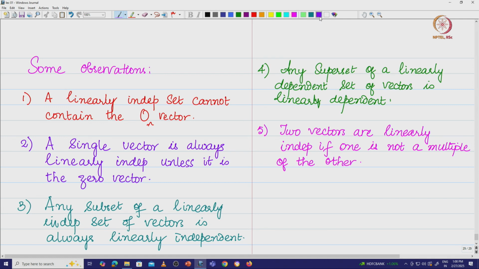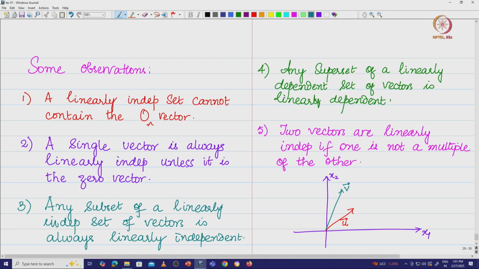Geometrically this is very interesting to see. Suppose I take R2, the xy plane, with my x1 axis and my x2 axis. Suppose I have this vector u. If there is another vector v and the pair u and v are linearly independent, then u and v must be in two different directions. This must be the vector v, or it could be anywhere else, it is not along the direction of u.